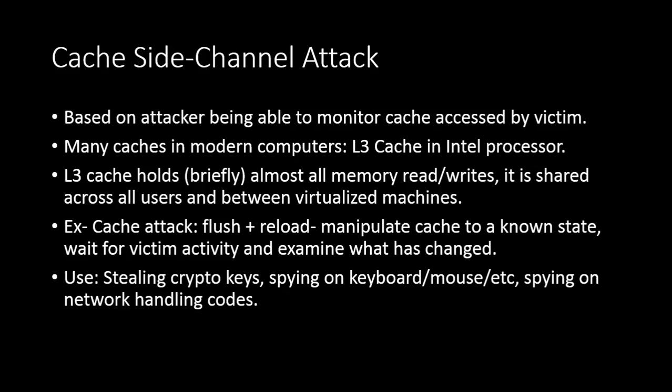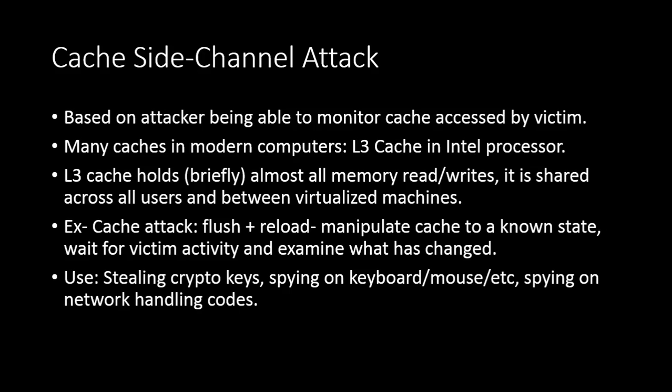So an example of a cache attack is a flush plus reload. There's a couple of others, but this one's the main one that people have run tests with and figured out is very good. And so flush and reload are command line operations that you can run on the memory and the cache within your processor.